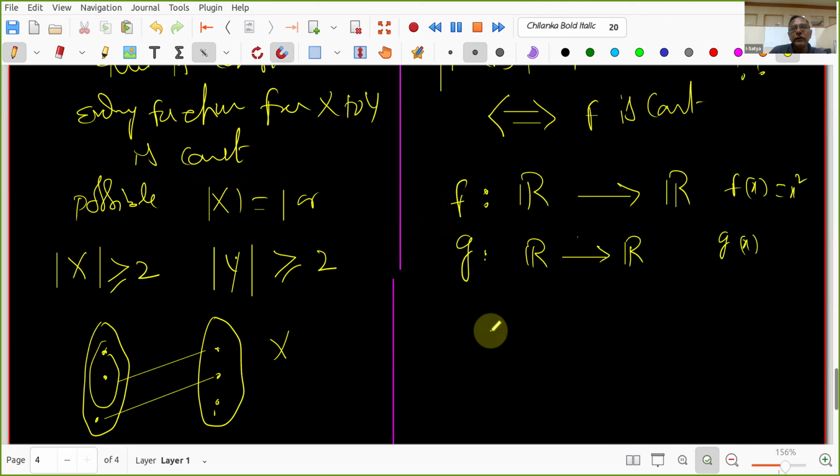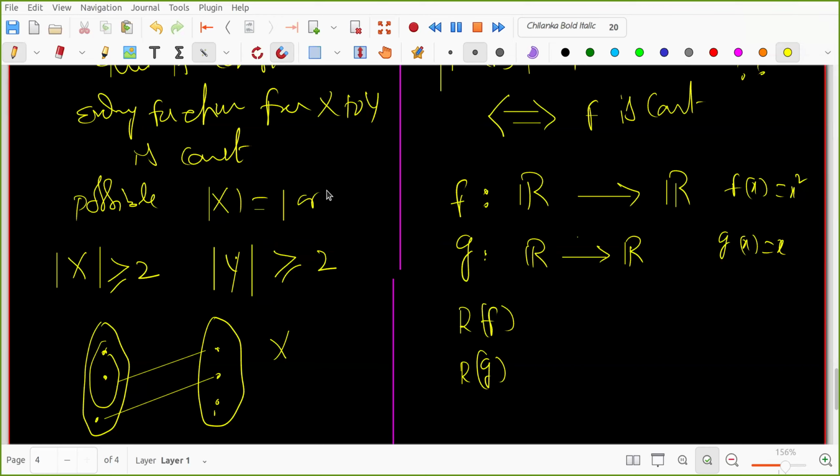Can you tell me what is the range of f and the range of g? Is anyone ready?